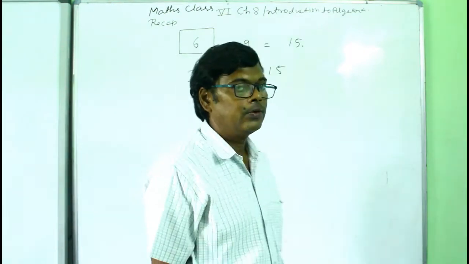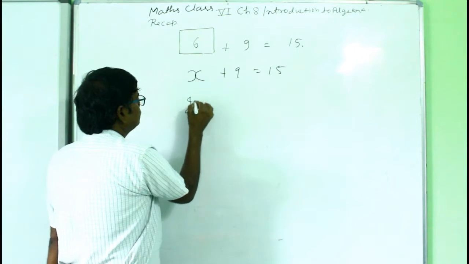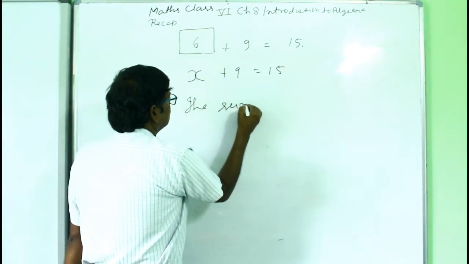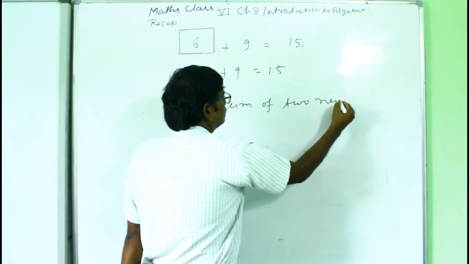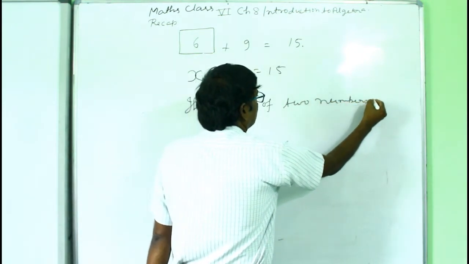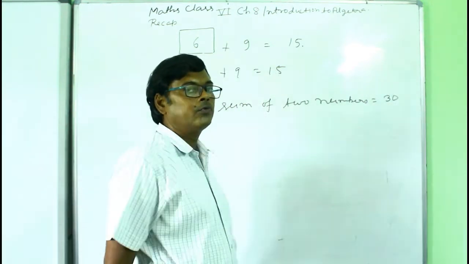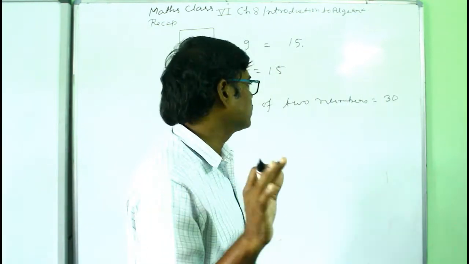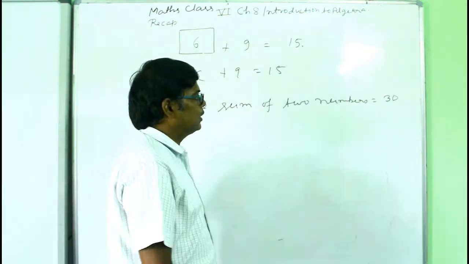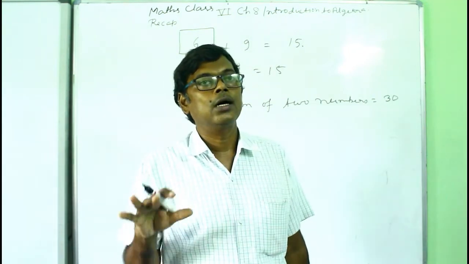Next, suppose I say the sum of two numbers equal to 30. Now we do not know what those two numbers are, it can be anything, but there are two numbers and their sum is 30. The sum of two numbers, and those two numbers are unknown.